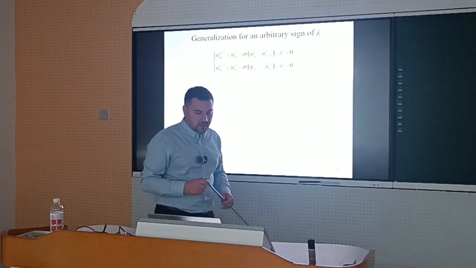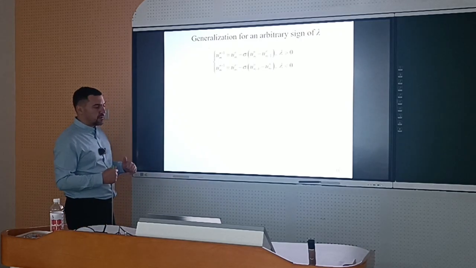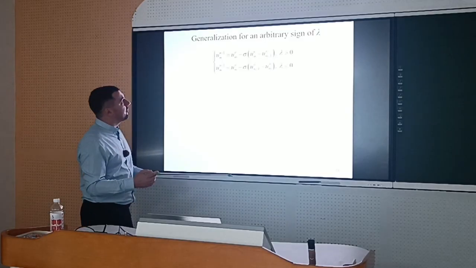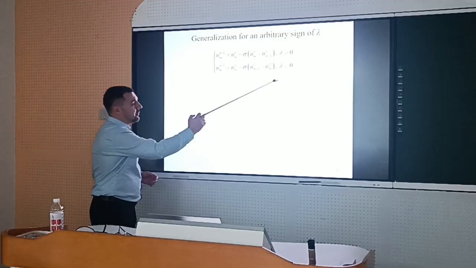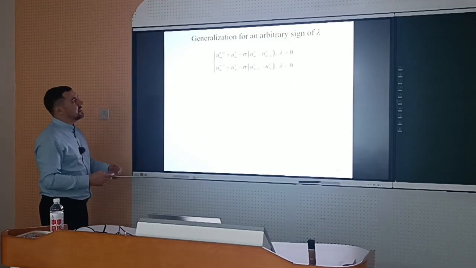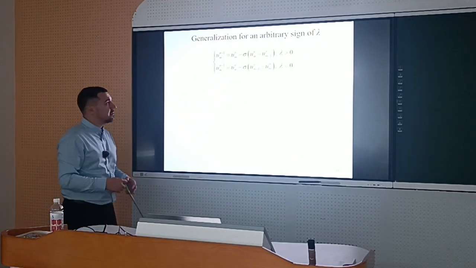Now, let's try to generalize these two schemes for arbitrary sign of lambda. So we know the scheme for lambda greater than 0, and we know the scheme for lambda less than 0, right? So actually, this is the same scheme, but on different grid stencils.